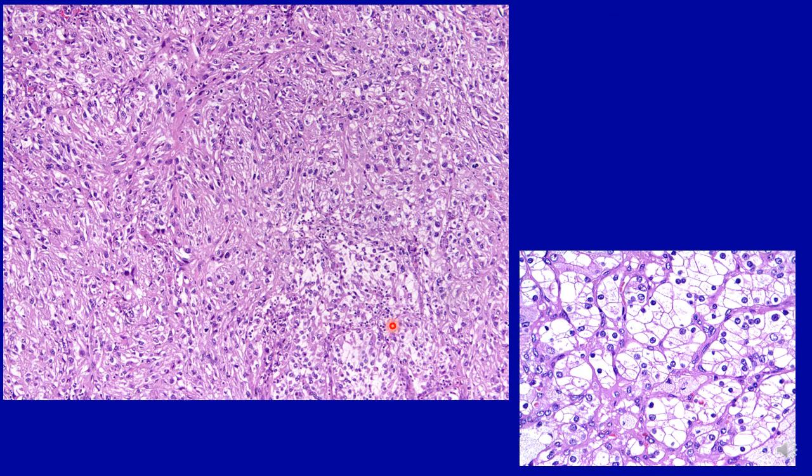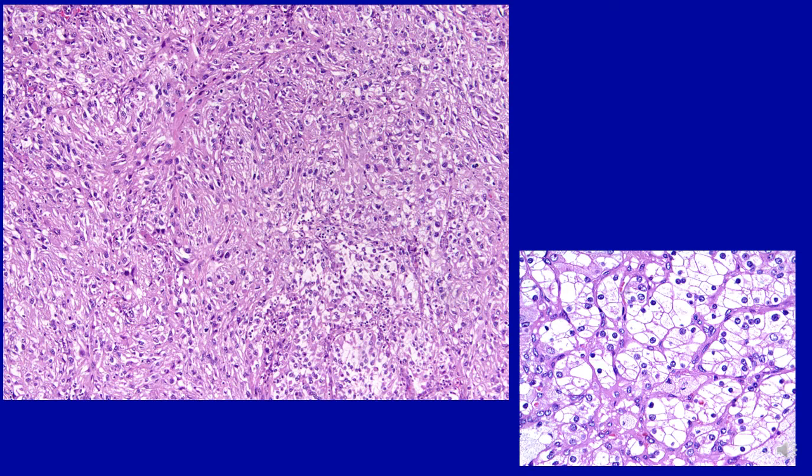In this particular case, there is a high-grade spindle cell or sarcomatoid differentiation, but you can see that this area of the tumor shows a little bit of clear epithelioid cells, and when we sampled extensively, focally the tumor had classic clear cell areas.